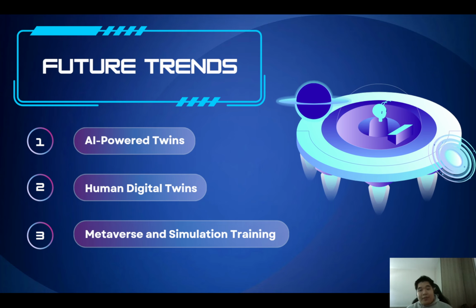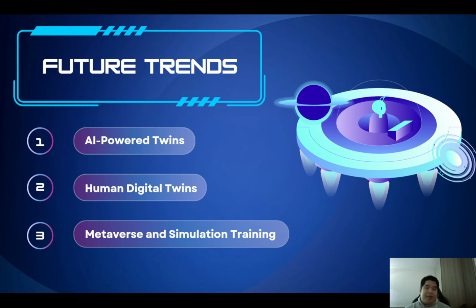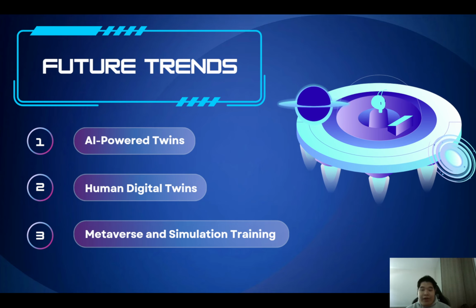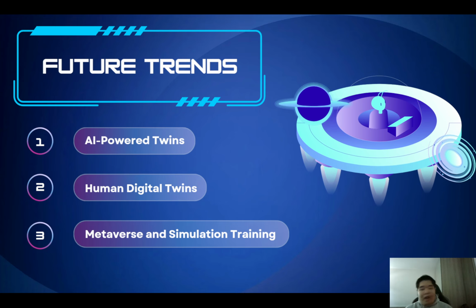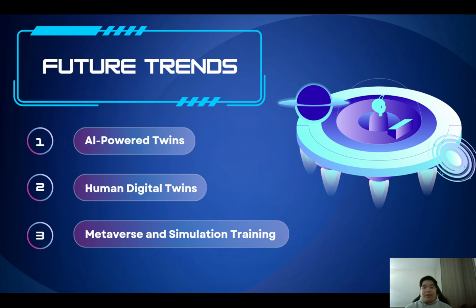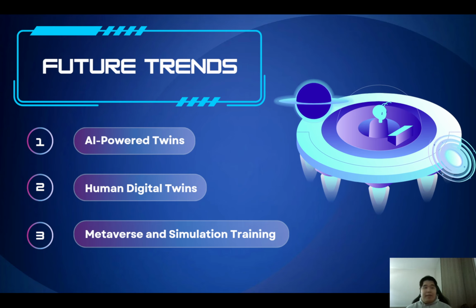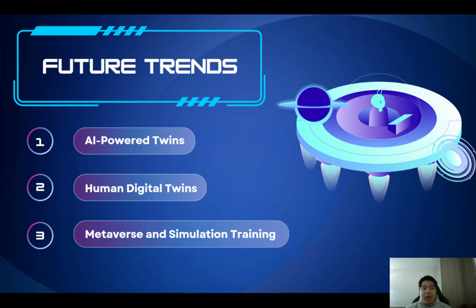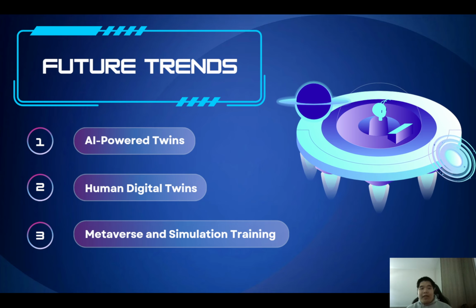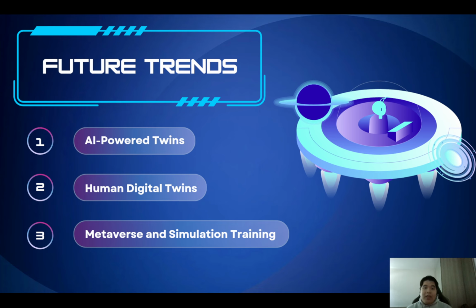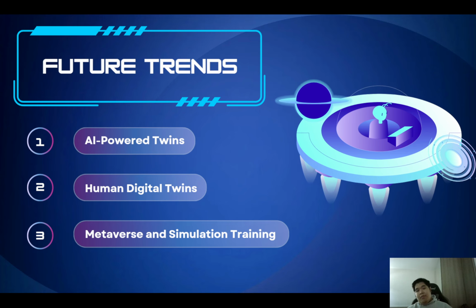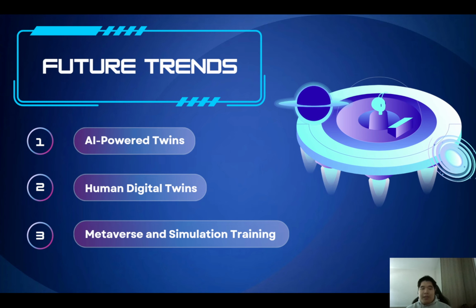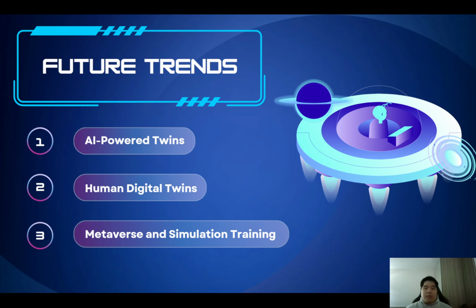And this immersive simulation will also offer hands-on practice without any real-world risks. Like a truck driver that needs to drive around the town, they can also drive it in the metaverse system. They can practice all of that. If they crash in the system, it will affect their score, right? But it will not cause any actual casualties. So this trend is really interesting to me.